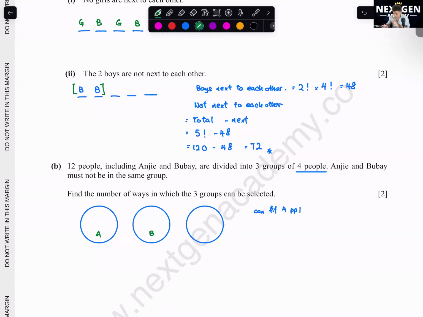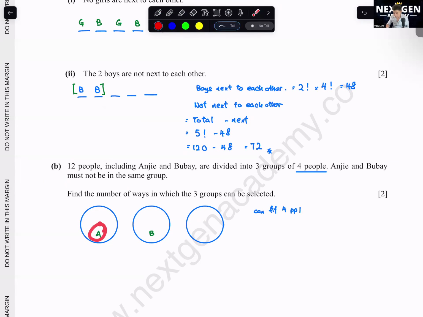We also have to figure out, is this a permutation or combination question? Does the order of the arrangement matter? How you select Anje, Babe? No, right? It doesn't matter. They just say we put them into groups of 4 people. Doesn't matter how you select them. So A and B can be anywhere also, but it doesn't matter, because the order doesn't matter.